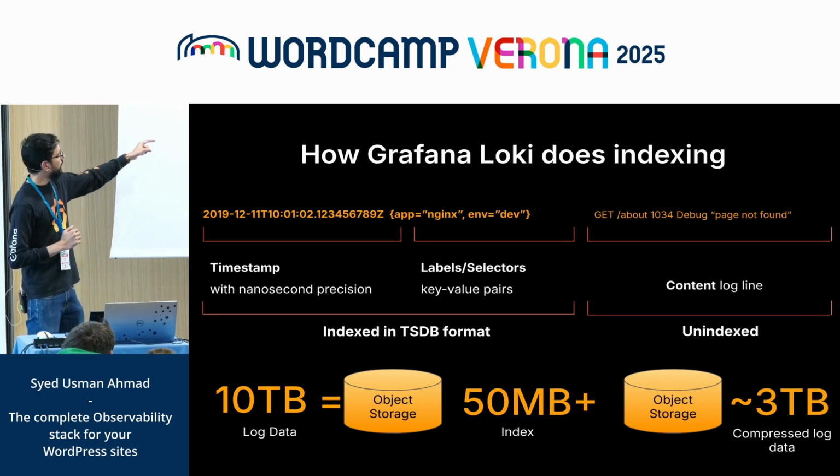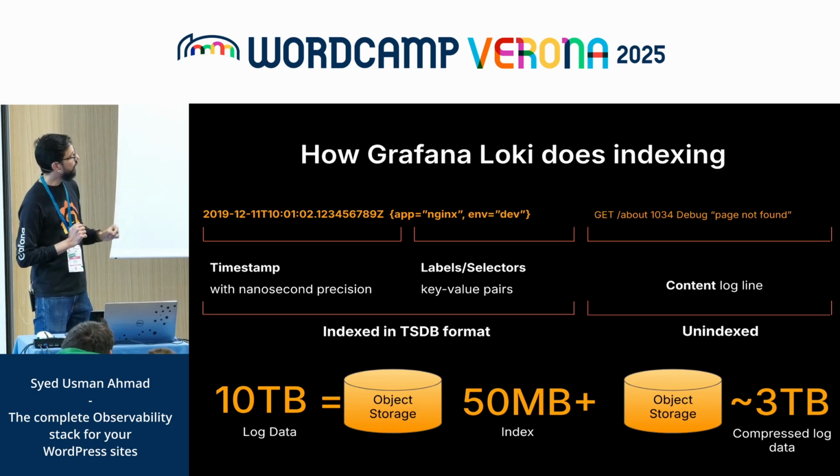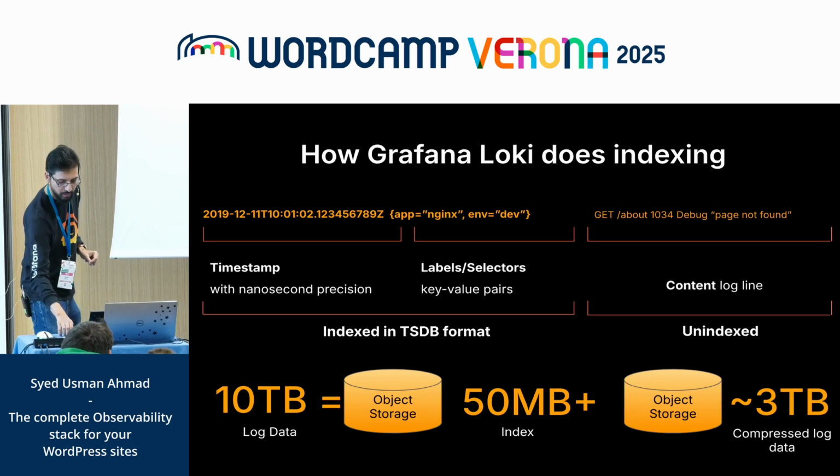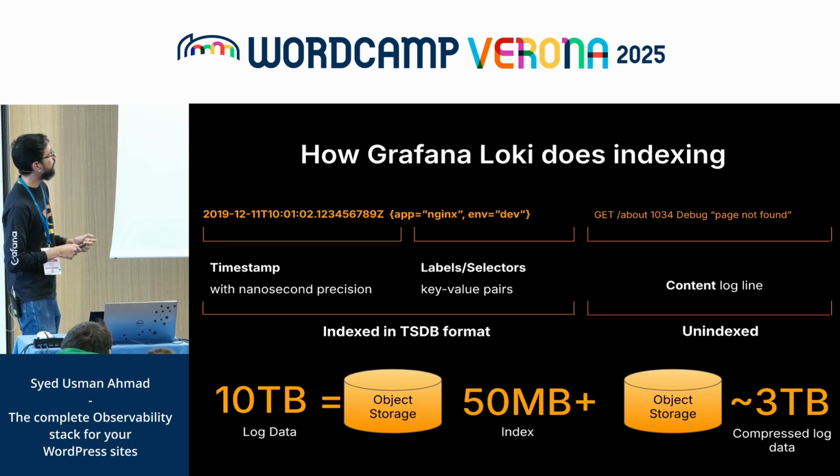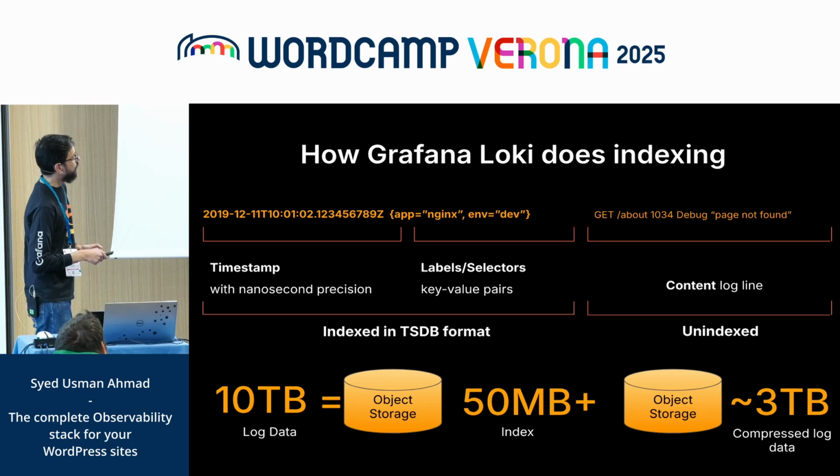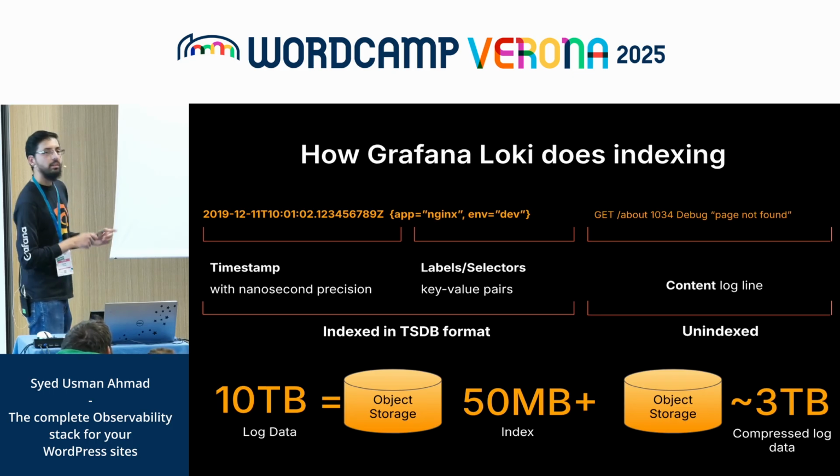What will it index? The timestamp and the labels. It will be like a key-value pair, like your app is Nginx, the environment is dev or prod, and then the log line content will be unindexed. It will not index the log line's problems or errors.